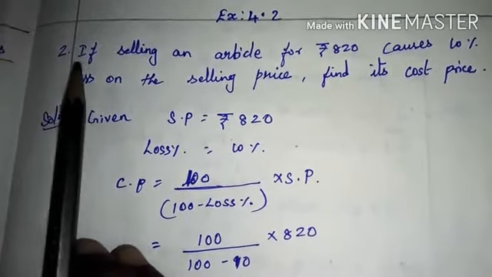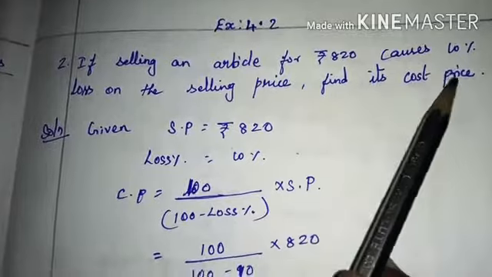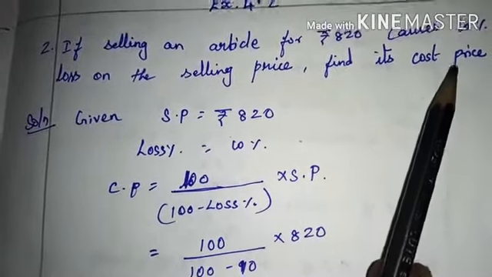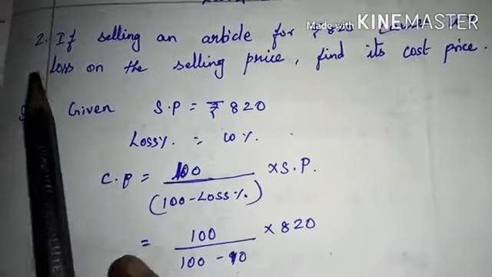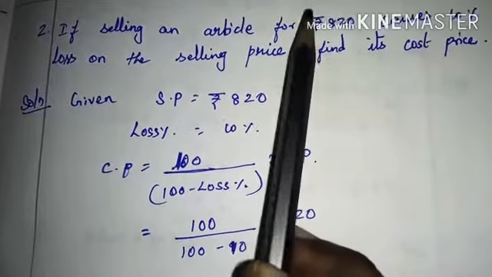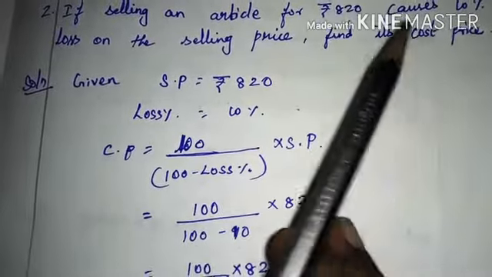First one: if selling an article for rupees 820 causes 10% loss on the selling price, find its cost price. Here the selling price is given as 820 and the loss percent is given as 10%. Using these two, you have to find the cost price of this article.